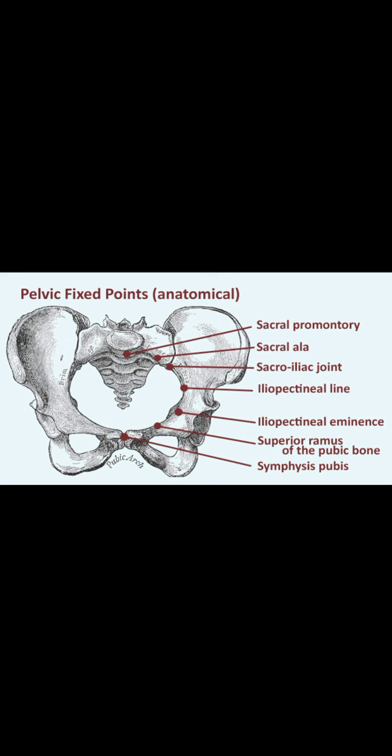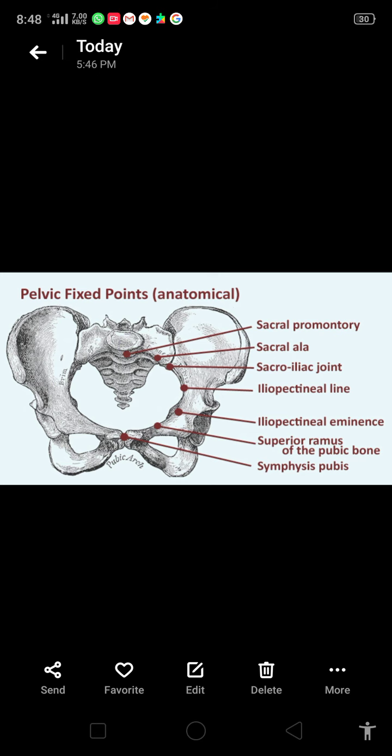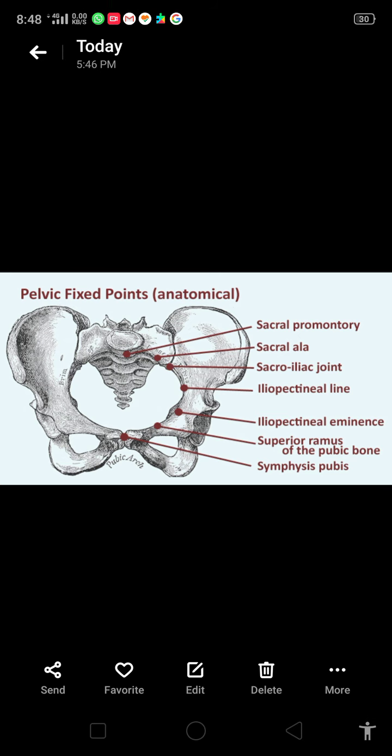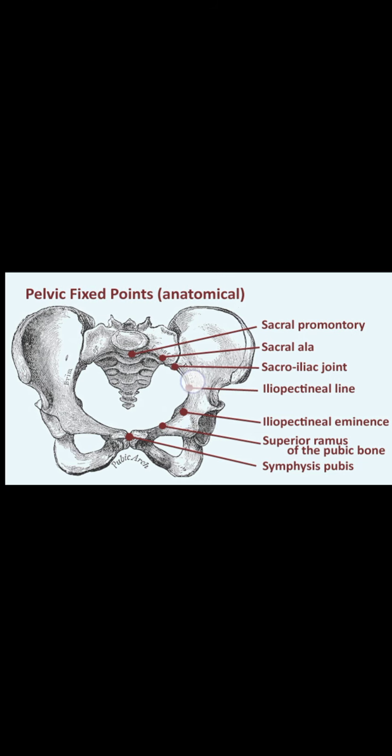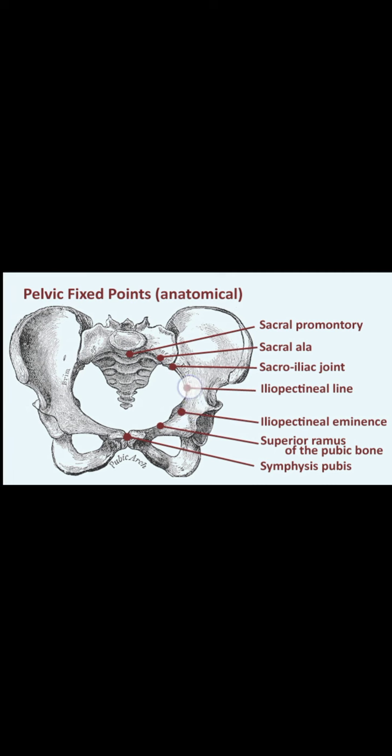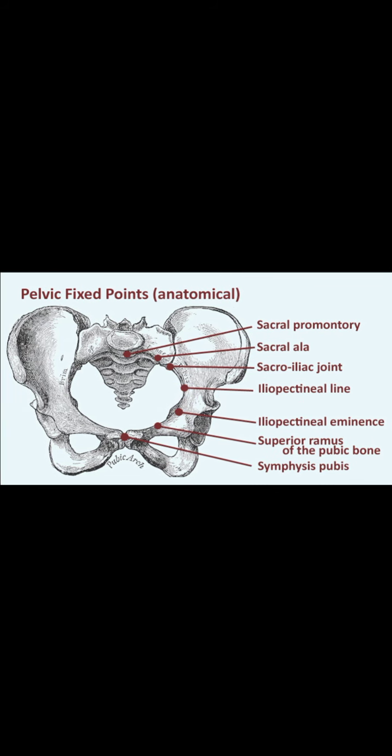This part is called the sacral promontory. This is the sacral ala or wing, and the joint where the sacrum and ilium join together is called the sacroiliac joint. This rough line is the iliopectineal line. When you run your hand along the iliopectineal line, there is a slight projection, and that is called the iliopectineal eminence.